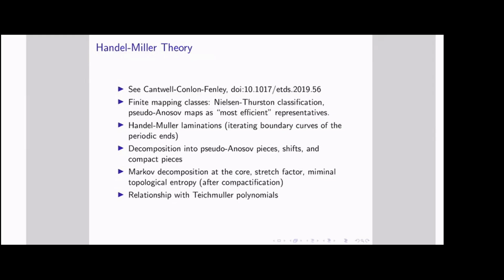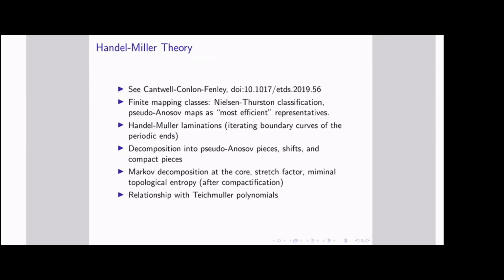In other words, if we have another homeomorphism which is homotopic to a pseudo-Anosov map, and by pseudo-Anosov map I mean a map that preserves this pair of singular measure foliations, then the entropy of the other homeomorphism is bounded from below by that of the pseudo-Anosov map. So we can think about them as optimal representations in the way that they minimize the topological entropy.